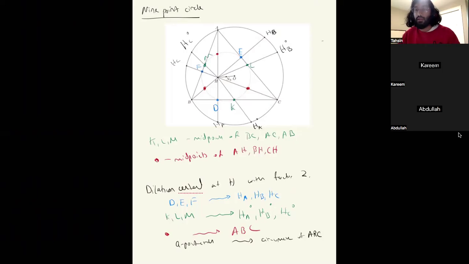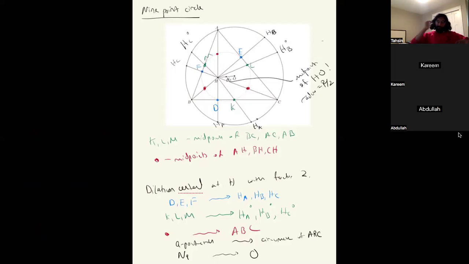So that tells you the center of the 9-point circle actually becomes O. So wherever the center of the 9-point circle is, when you dilate it around H by a factor of 2, it becomes O. So it tells you the center has to be the midpoint of HO. Does that make sense? Yes. And not only that, the radius is half of the circumradius.